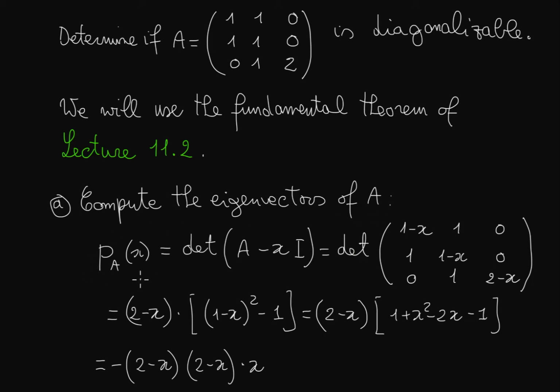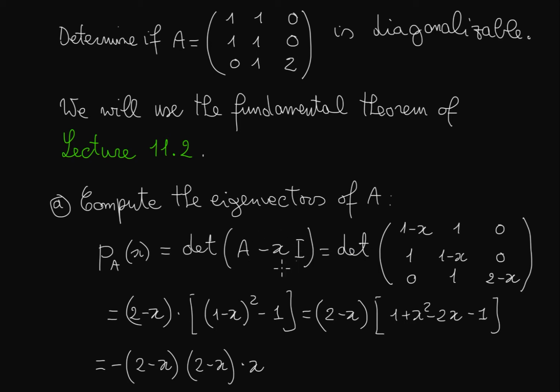The characteristic polynomial PA of x is defined to be the determinant of the symbolic matrix A minus x times the identity matrix, which is the determinant of this matrix 1 minus x, 1, 0, because this is a scalar matrix with zeros everywhere except along the diagonal, whose symbols are just x's in each place.